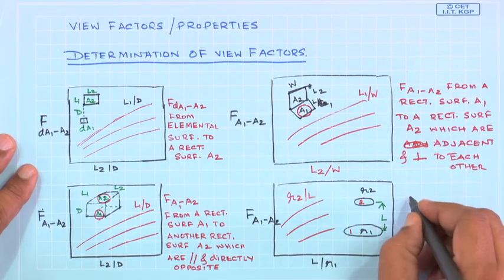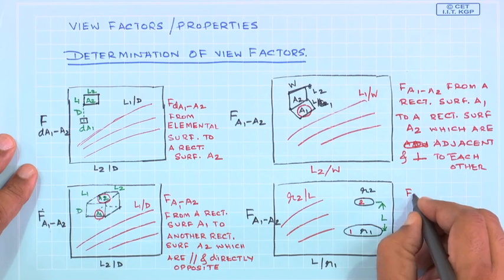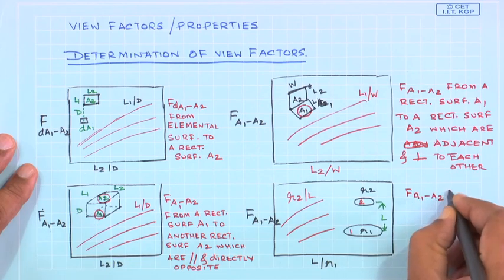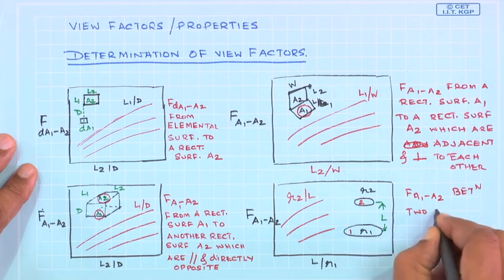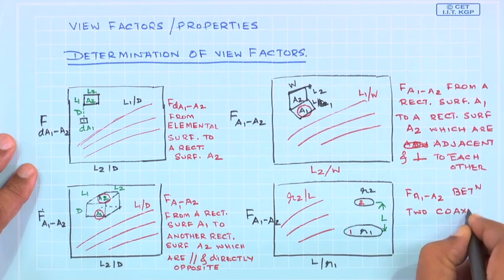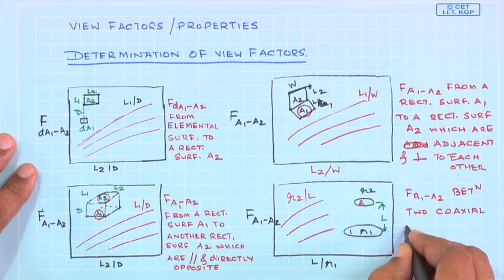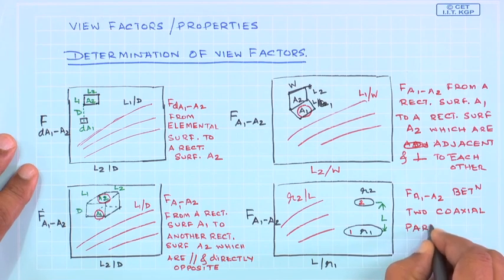The last one that you see is F A1 to A2 between two coaxial parallel discs.